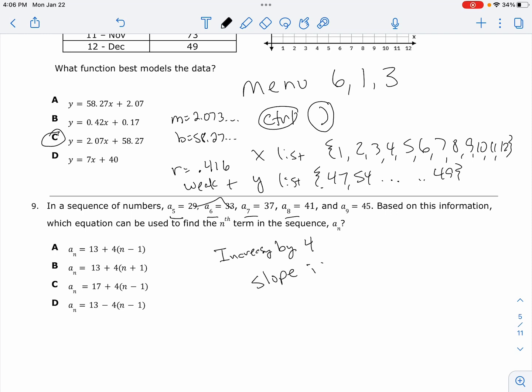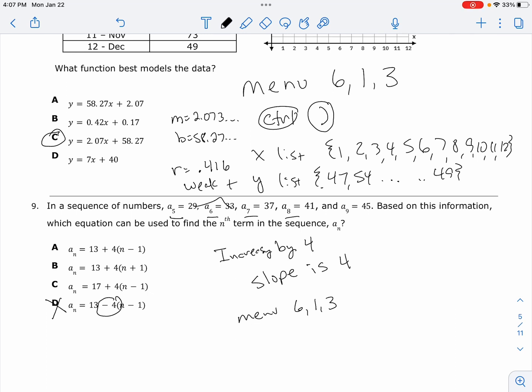Slope is 4. So if they're going to give you a rule, it has to be positive 4 being multiplied times your slope. So when I look at these answer choices, minus 4 is out for sure, okay? The next thing you're going to need to do is go and look at menu 613, because menu 613 is going to tell me my starting point.